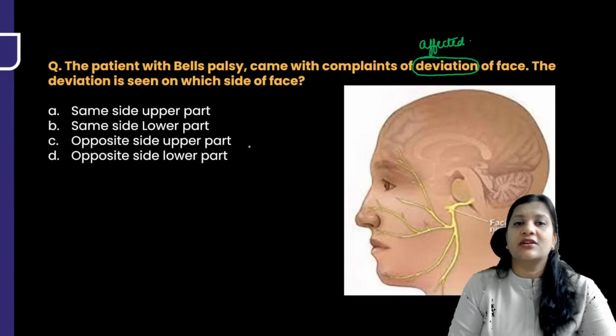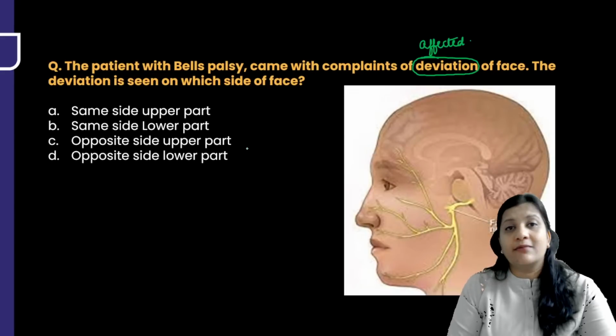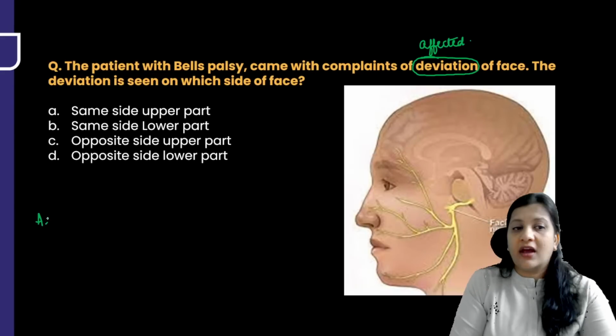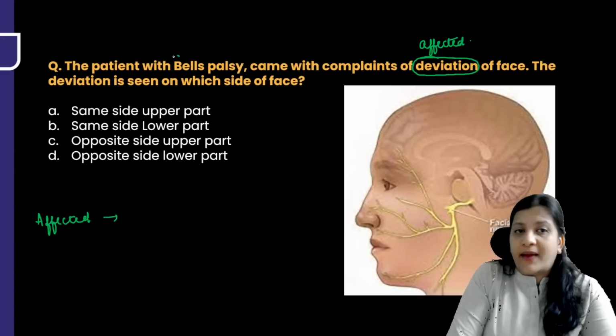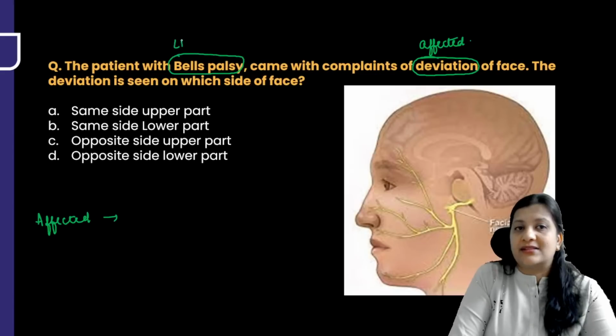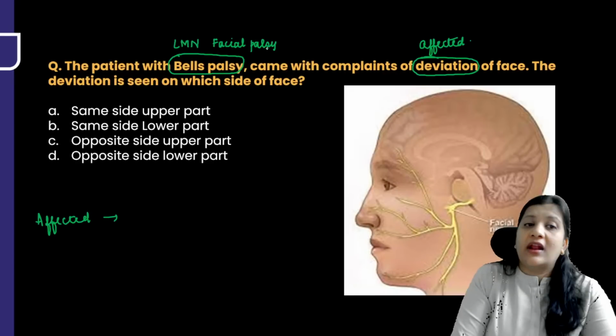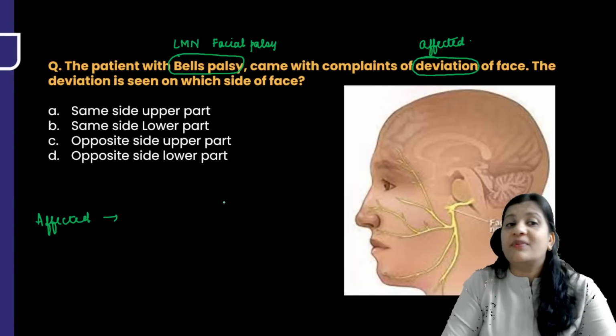If the question was which part is affected, it is the same side lower part. So if we are talking about which part is affected, Bell's palsy is an LMN type of facial palsy. It is a lower motor neuron type of facial palsy. So we have the lower half of the face on the ipsilateral side getting affected.